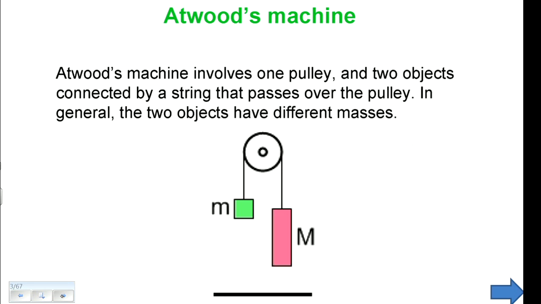So Atwood's machine, this is this device. There is a pulley, frictionless, and in this situation, ideal, massless. And we have two weights attached to an unstretchable, massless string.